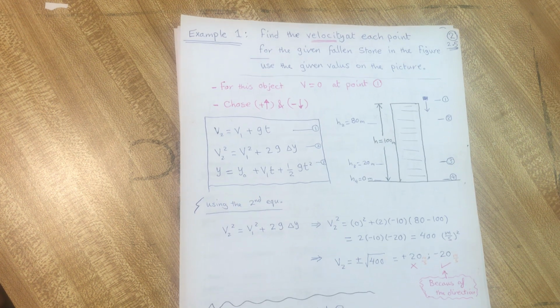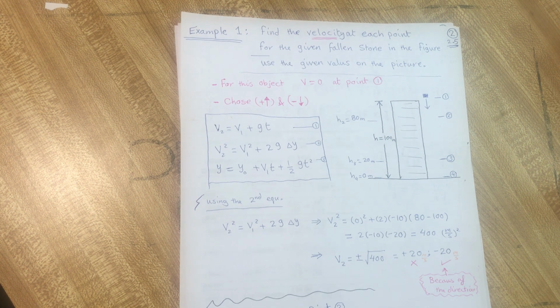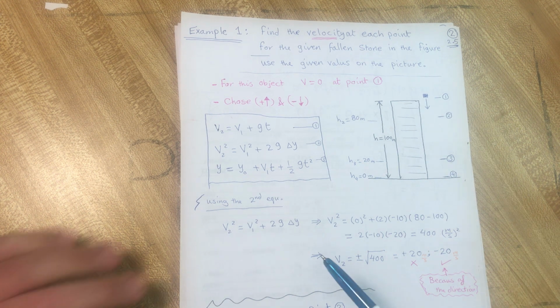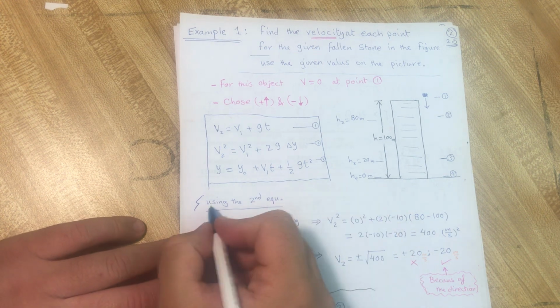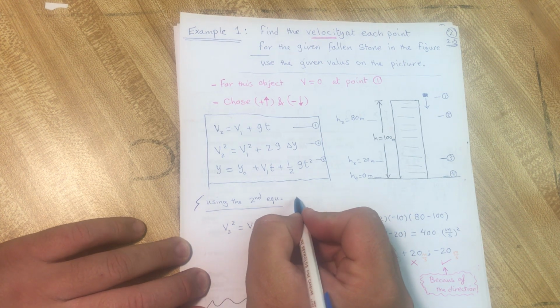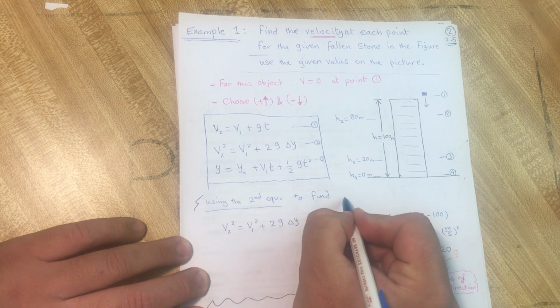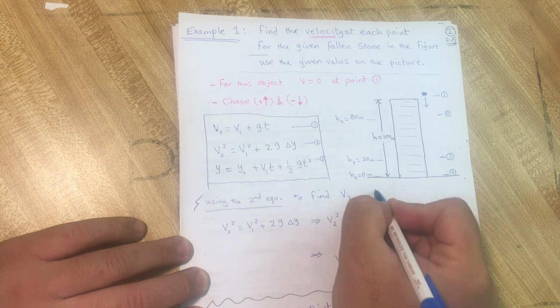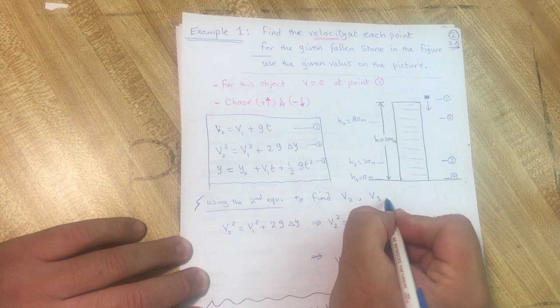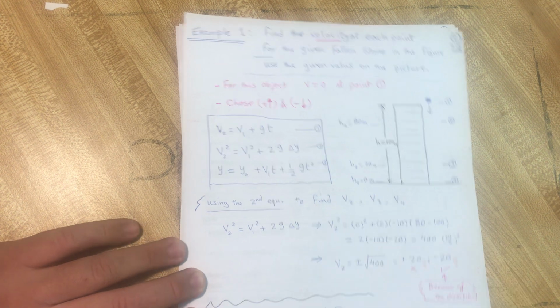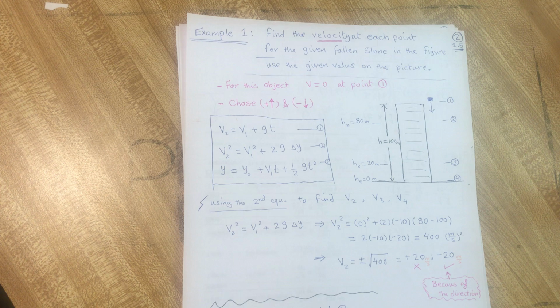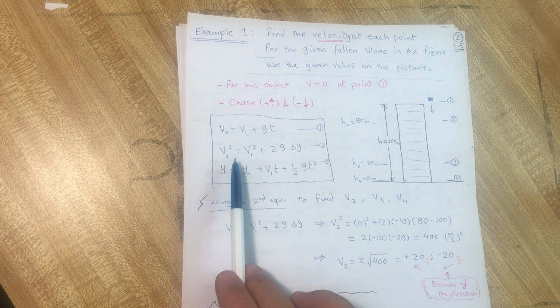Okay. If we need to find, for example, the velocity at the second point, using the second equation to find v2, v3 and v4, it's okay. Why do I use the second equation?